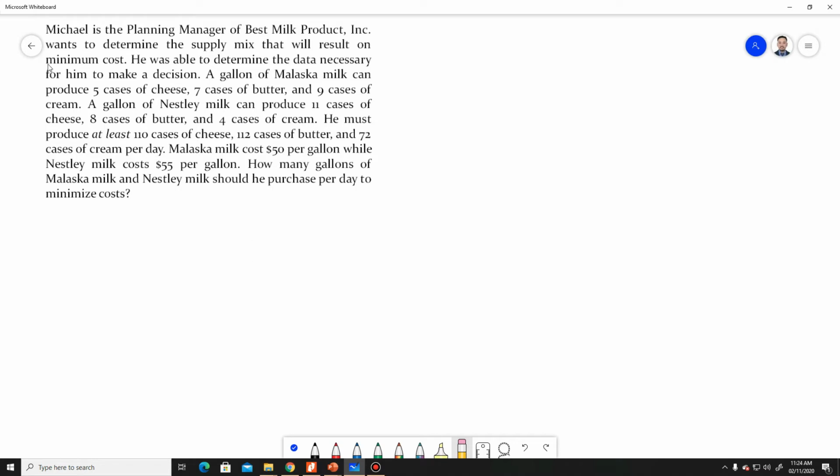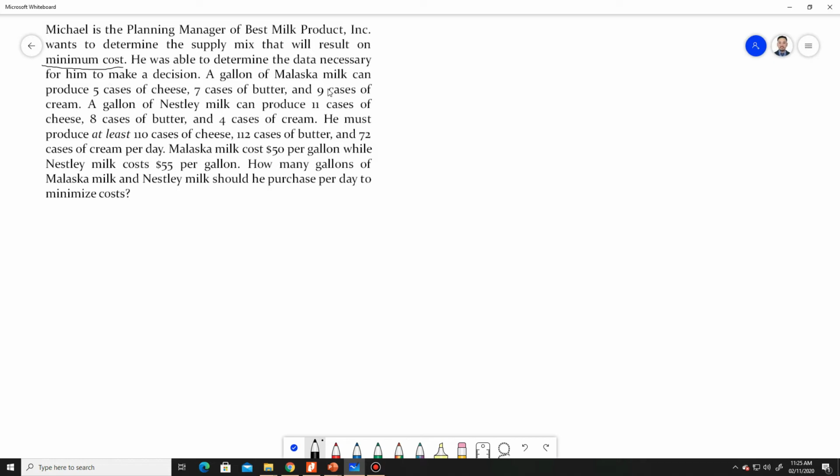So let's take note that our objective function is minimization. He was able to determine the data necessary for him to make a decision.